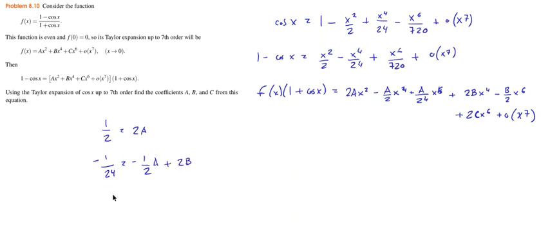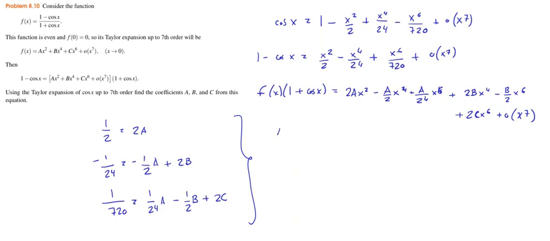And then in x to the sixth, we have 1 over 720 is equal to 1 over 24 times a minus 1/2 of b plus 2 times c. Okay, and then you have a system of three linear equations with three variables. So this is easy to solve.